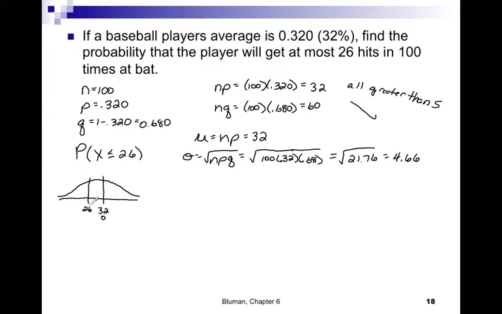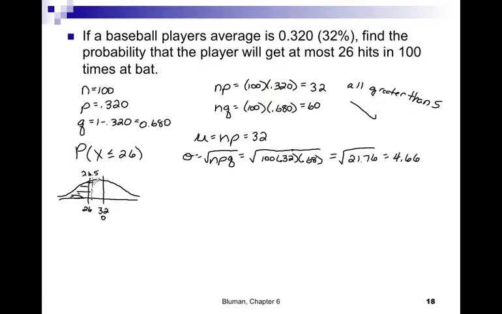Because it's binomial, we have to apply the correction factor. We're looking for less than or equal to 26, so we need to include the 26. This time we're going to go to the right of our 26 with our correction factor, so that's going to be 26.5.